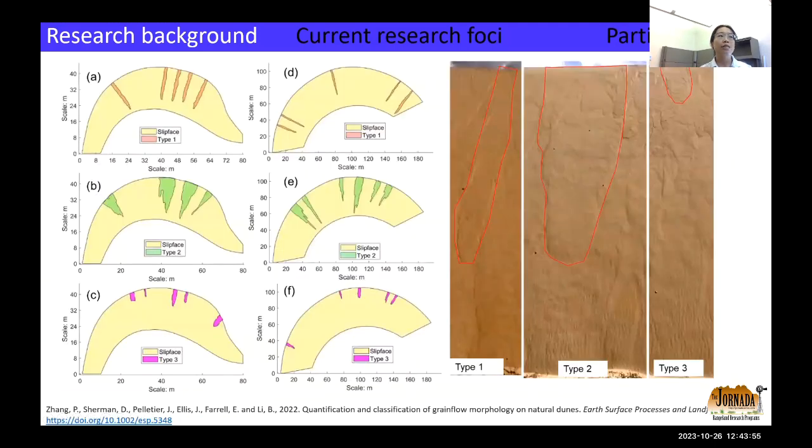And this is a brief result of what we got. The left two panels are the grain flow shapes that we extracted from the terrestrial radar scanner. We also calculate the associated amount of sediment transport, the velocity of the grain flows, etc. All this work has been published. If you are interested, you can find the paper online.